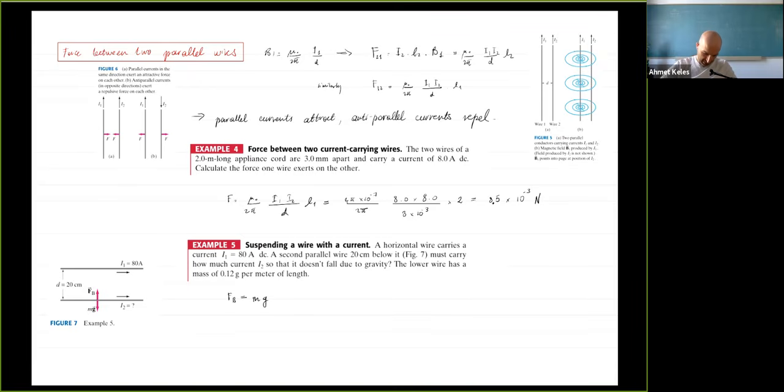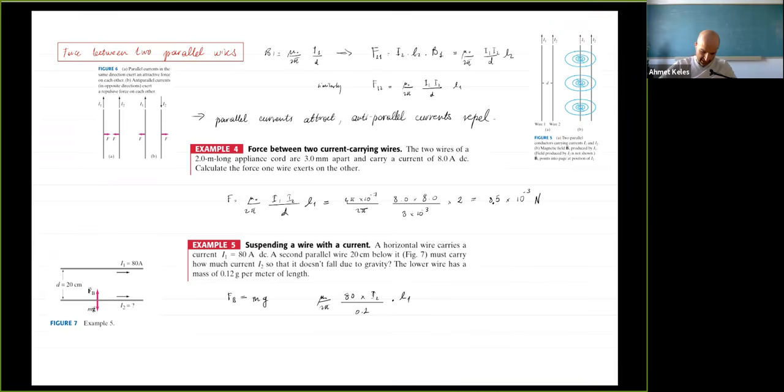FB is mu 0 divided by 2 pi times I1, which is 80 amperes, times I2, divided by 0.2 meters, times L1.